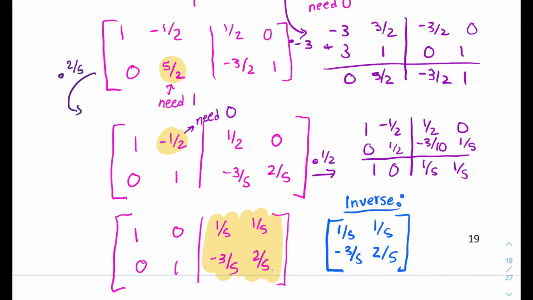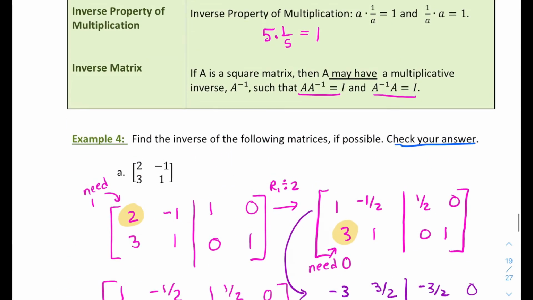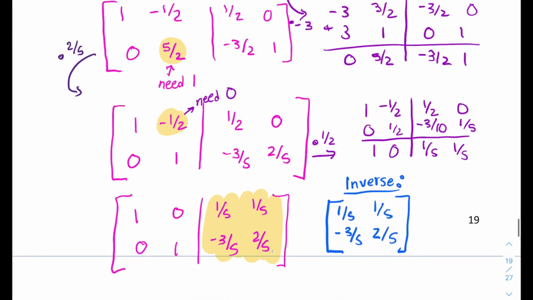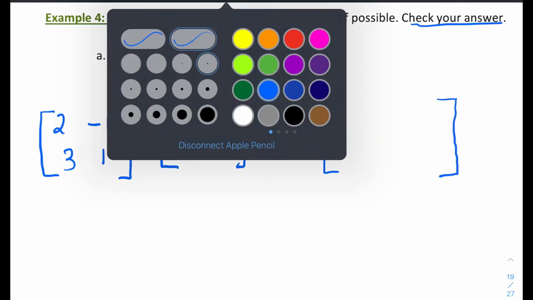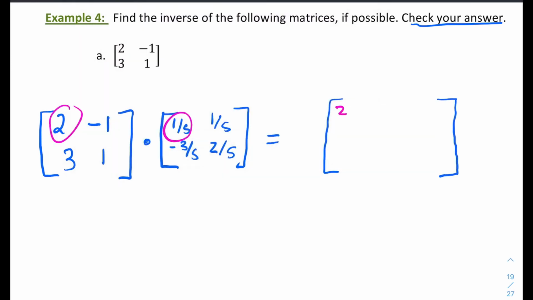Now we're going to check and make sure that we did this correctly, so you can see if you did it right, it's supposed to multiply to get you the identity matrix. So multiplying them together, 2 times 1/5 is 2/5. -1 times -3/5, positive 3/5. Upper right hand element, 2/5 plus -2/5.